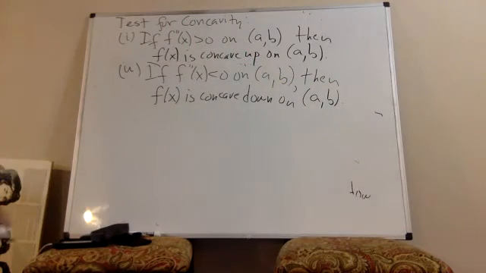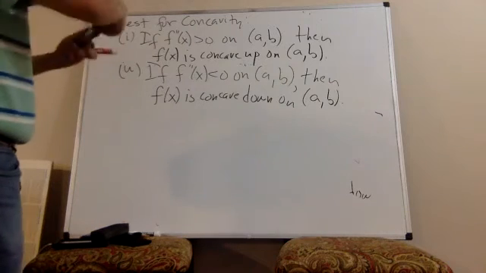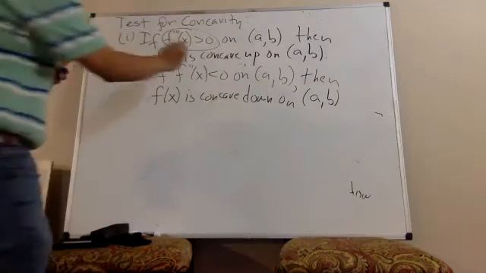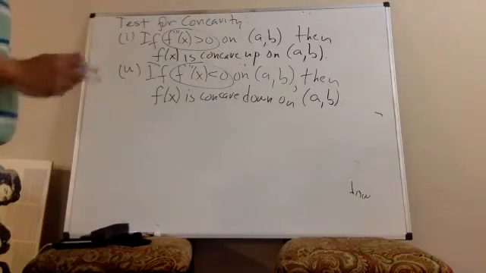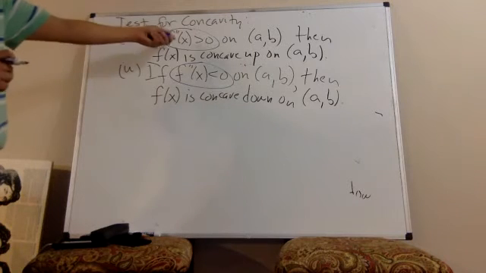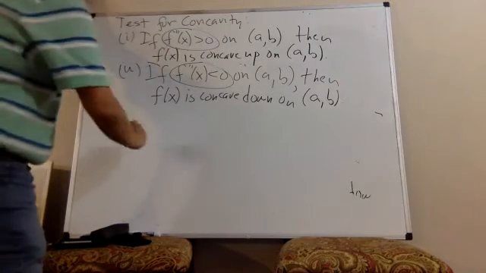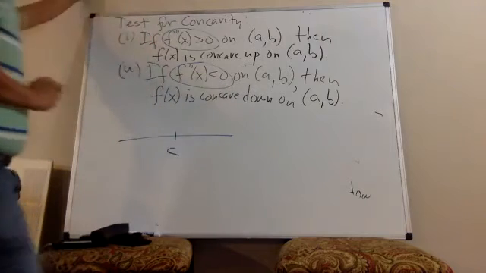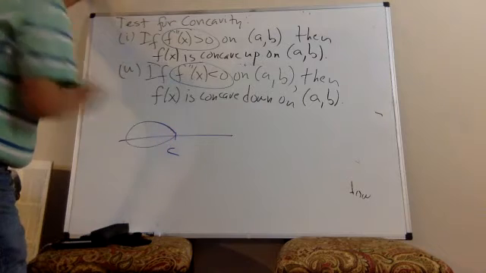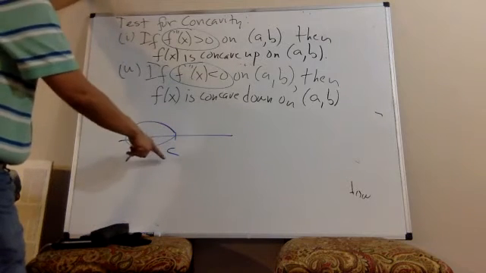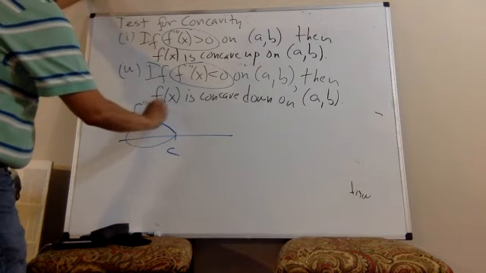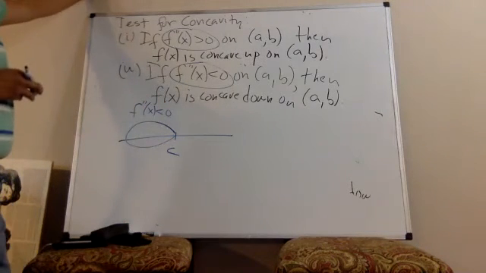Now, what does this kind of tell us? Well, we notice that once we have the second derivative of a function, and then we have a value c, such that maybe to the left of c, let's just say the second derivative is negative.